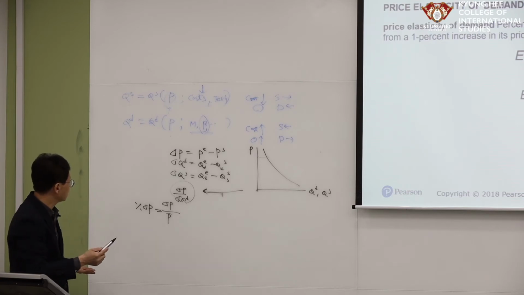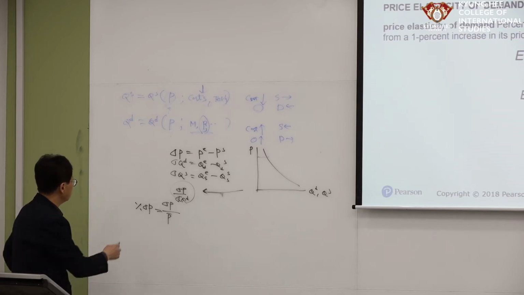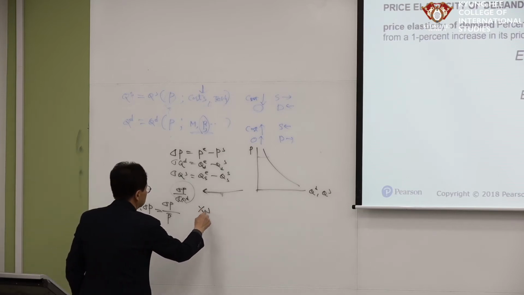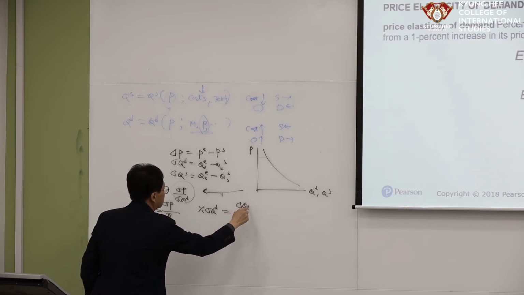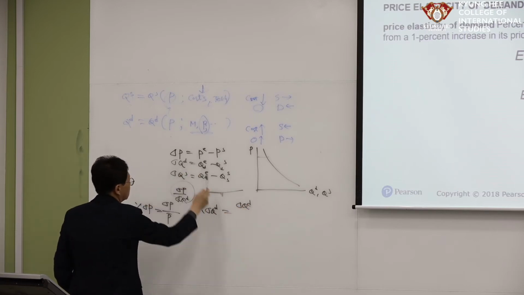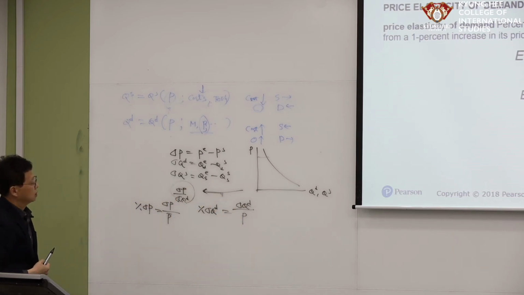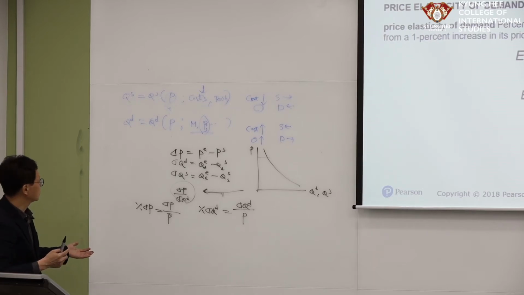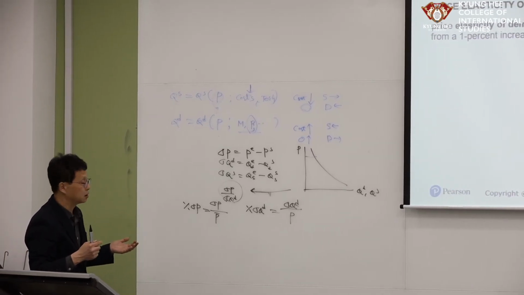That is the percentage change concept. Similarly, percentage change in quantity demanded is equal to change in quantity demanded divided by quantity demanded. Using this, we can define price elasticity of demand.